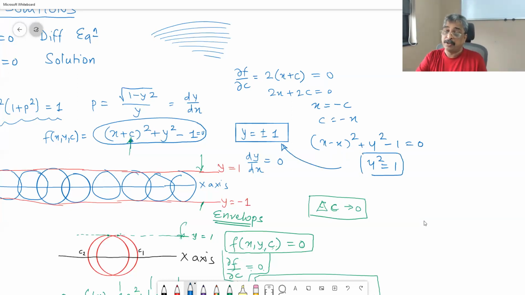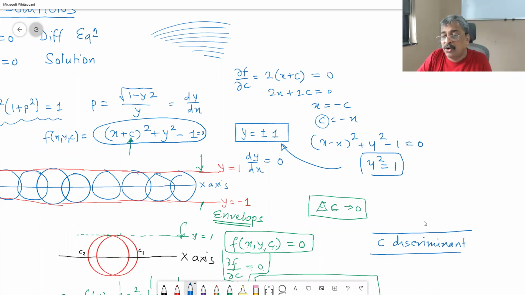So when you are trying to eliminate c, c is out of the picture, and the relationship you are left with is bound to be the singular solution, because it is going to satisfy the original differential equation. You are processing the original solution of the differential equation only, and this is called the c-discriminant.